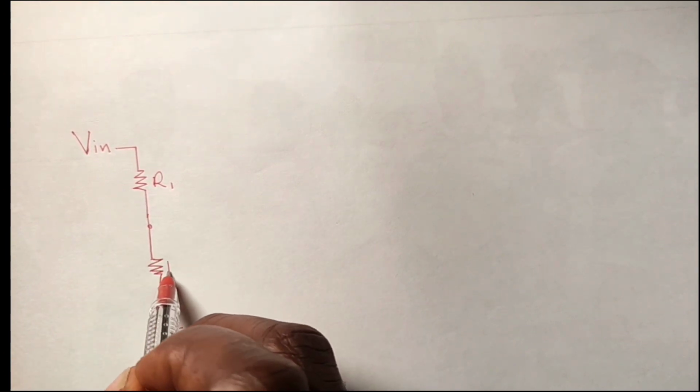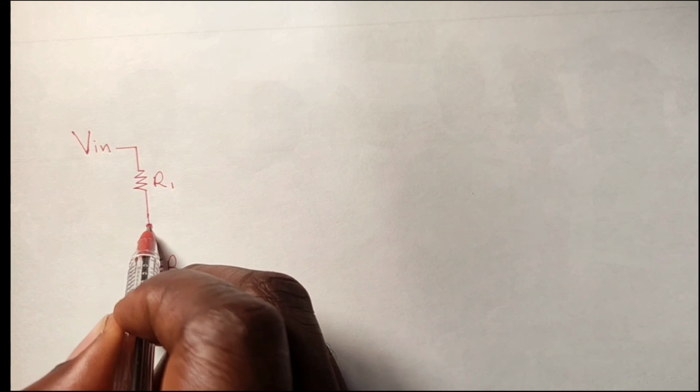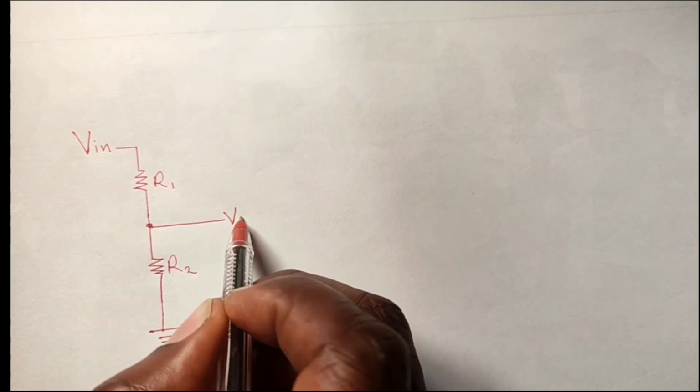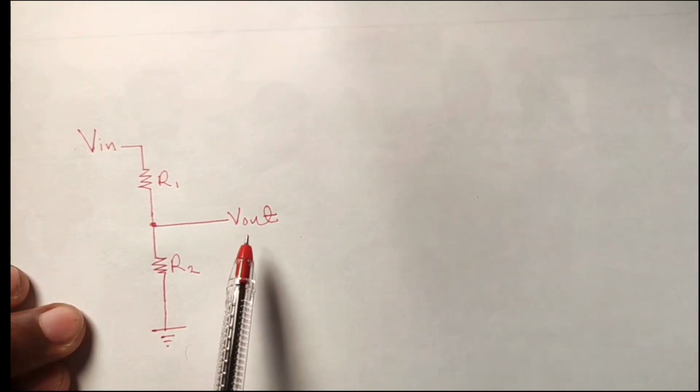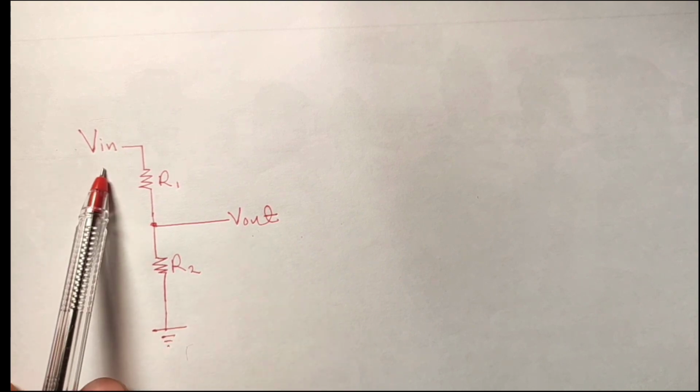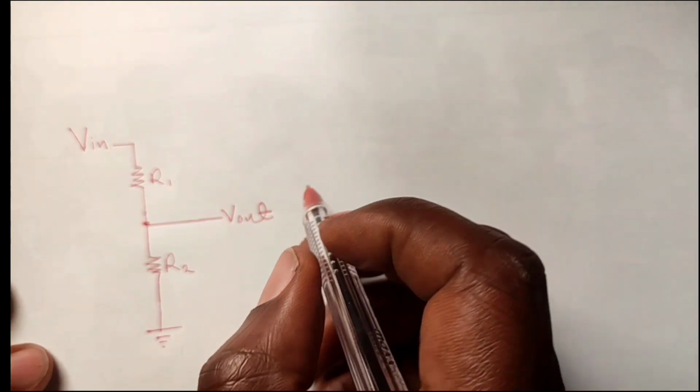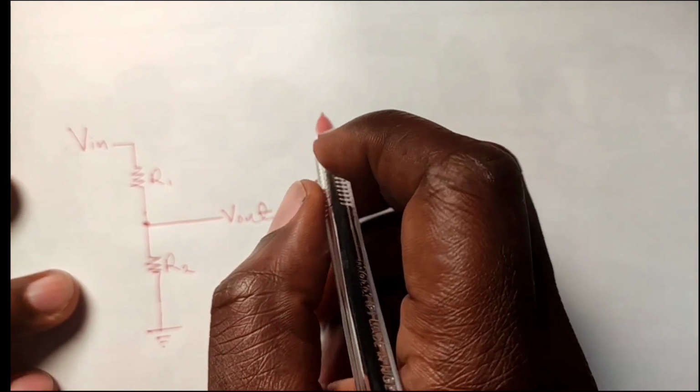Now at this junction, this is R2. At the junction here, you can tap out your V out, which is always a ratio of the input voltage. We'll be able to derive an equation later on to show you this relationship.